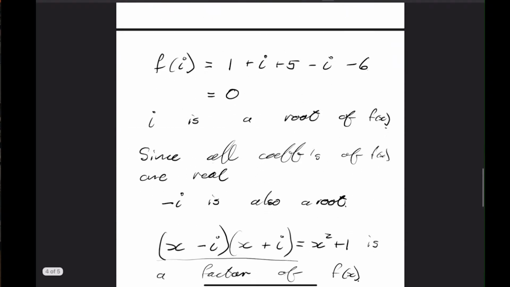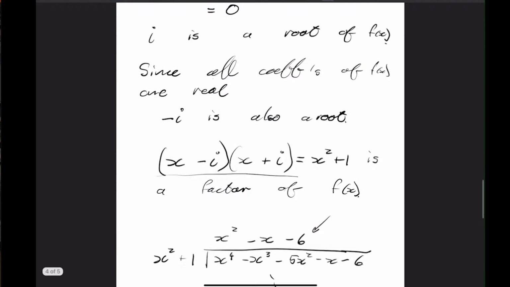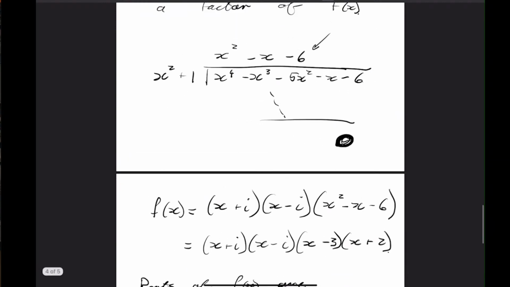But also, since the coefficients of f of x are real, we get another root for free. So the complex conjugate is also a root. So we know that x plus i is also a factor. If we multiply these two factors together, the result is also a factor of f of x. So if we divide f of x by this, then we get the remaining factor of f of x that we should still factorize. So we do our long division.